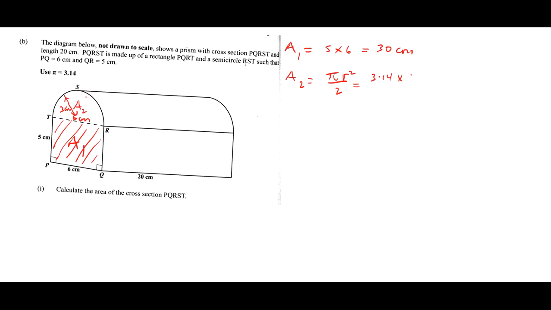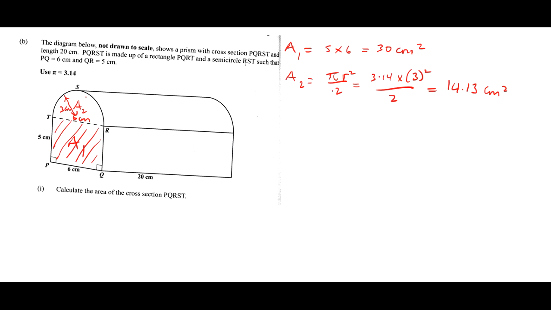So it's pi r squared over 2, and if we work that out, 3.14 multiplied by 3 squared, which is 9, divided by 2, we get 14.13 cm squared. Sorry, this is squared, this is also squared here.